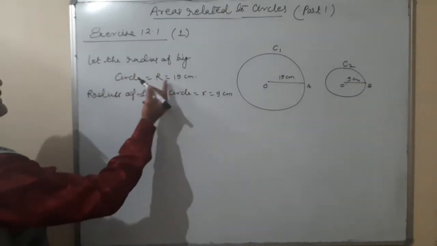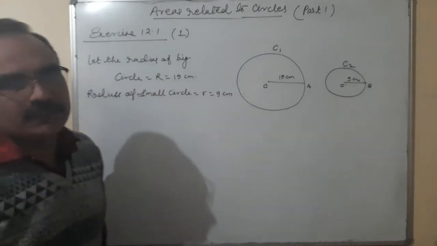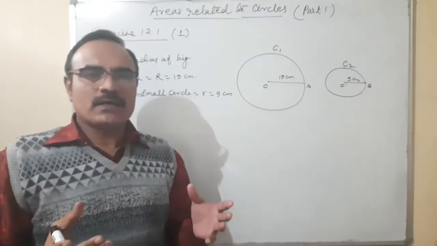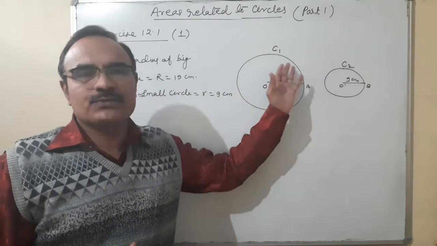The question is to find the circumference of that circle which is equal to the sum of the circumferences of these two circles.